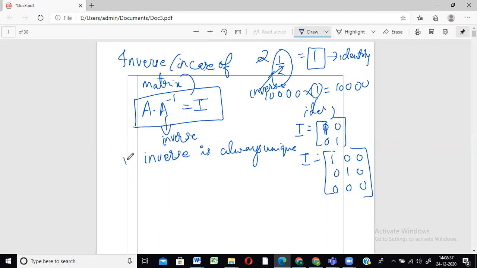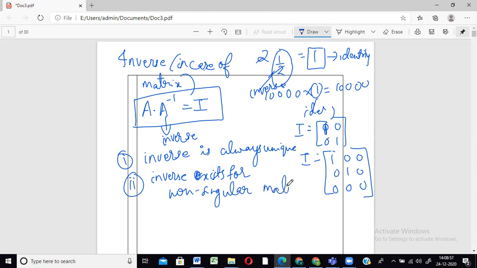One more important point is that inverse only exists for a non-singular matrix. What do you mean by a non-singular matrix? A non-singular matrix is a matrix whose determinant value is not equal to 0.